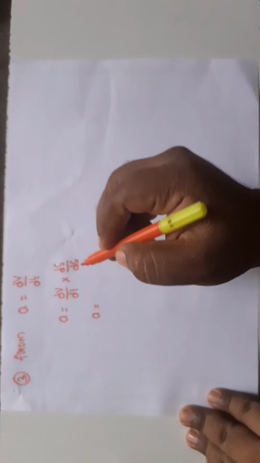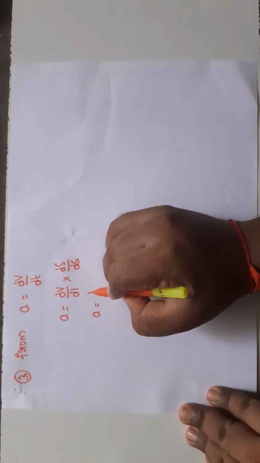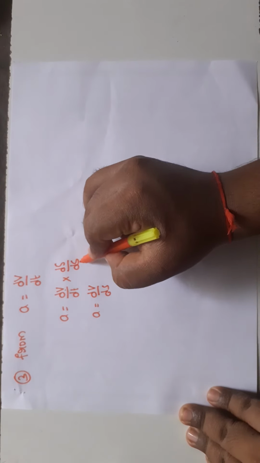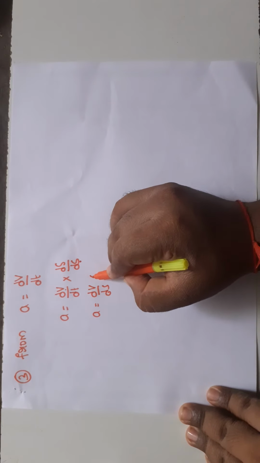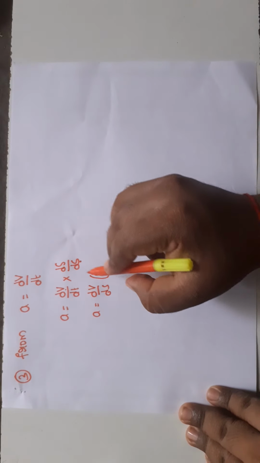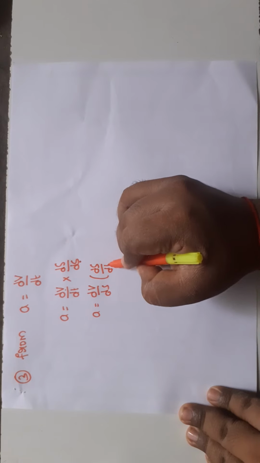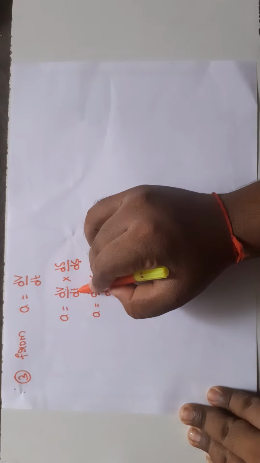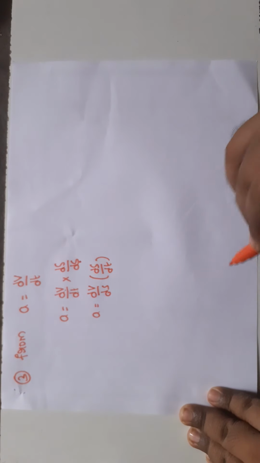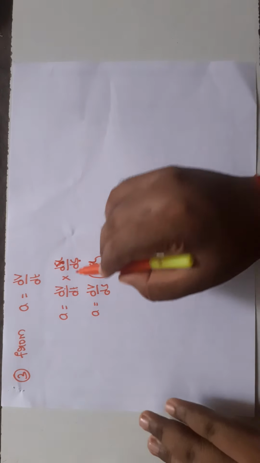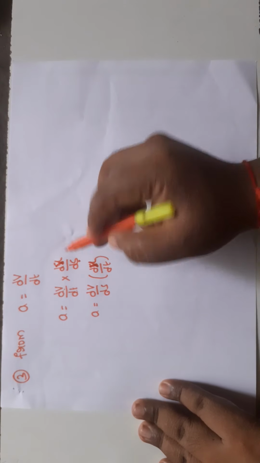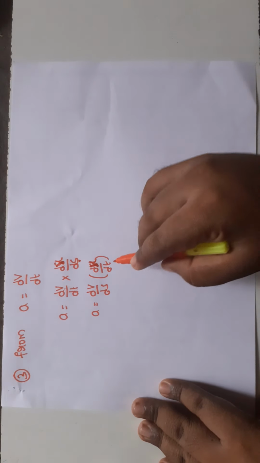I am rewriting the above equation: a equals dv by dx into dx by dt.